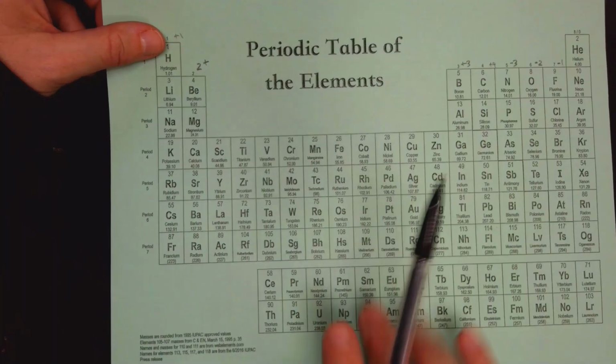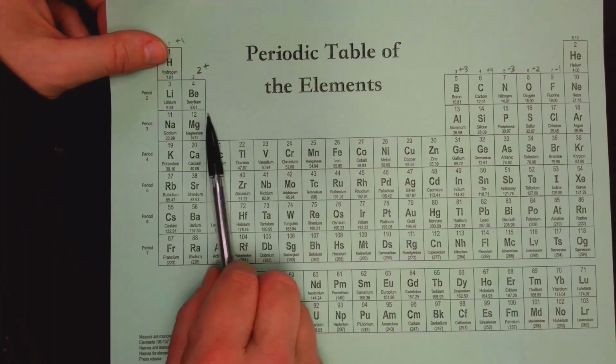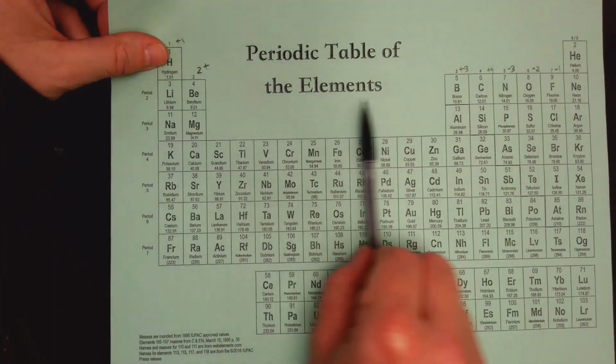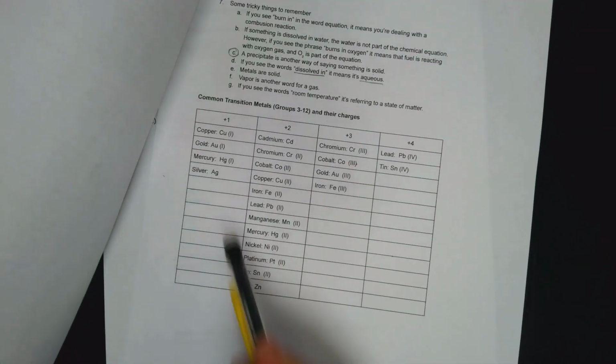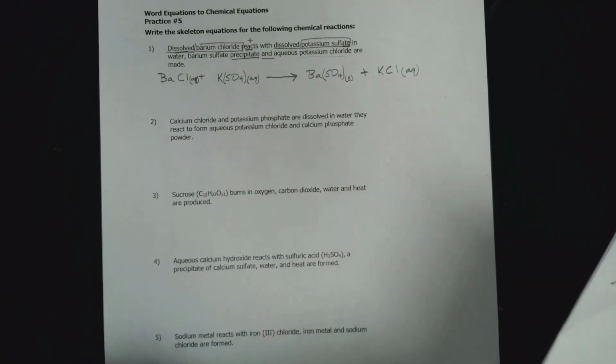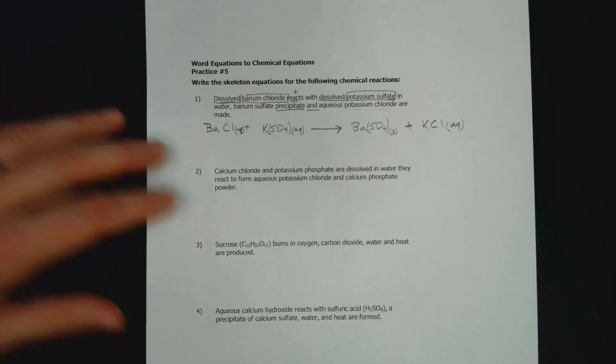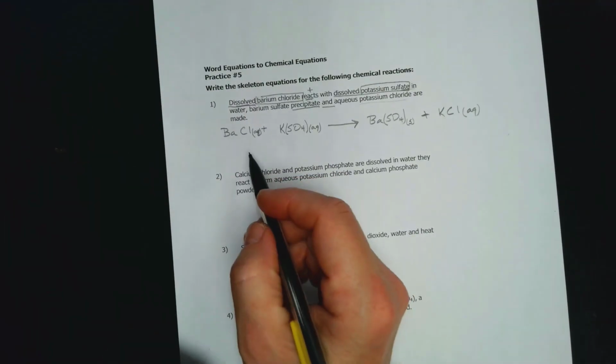As far as this group of elements from here, group numbers 3 through 12, that's the transition metals, and there's some information on the transition metals on the second page. That's what this table tells you, and we'll come back to that in just a few minutes. Okay, so what we're trying to figure out now is what subscript should go on these.